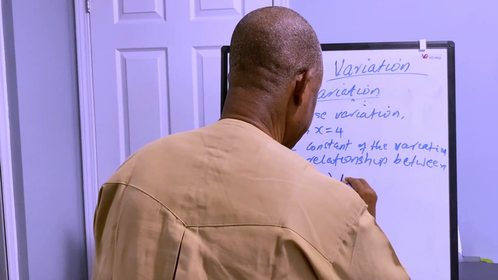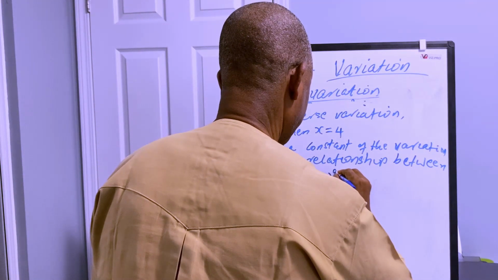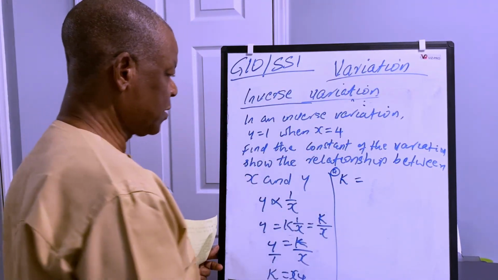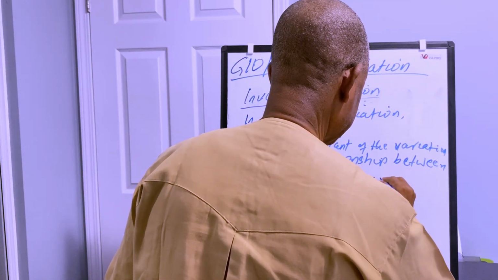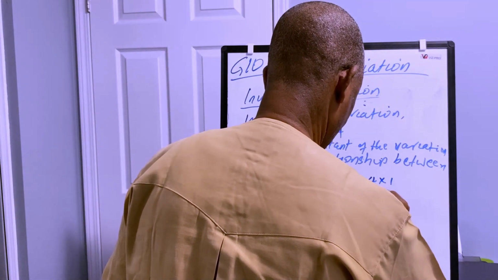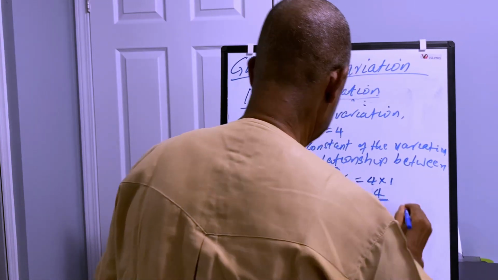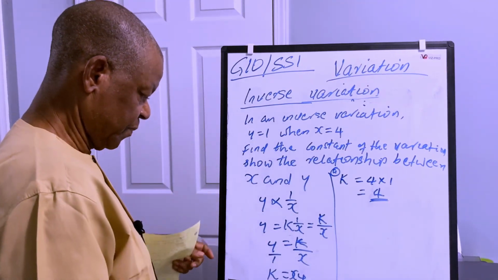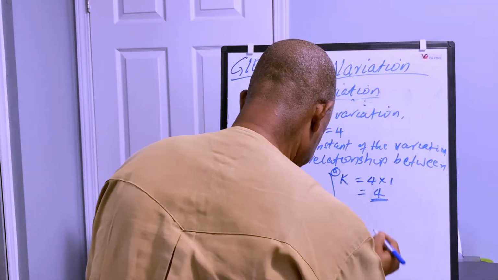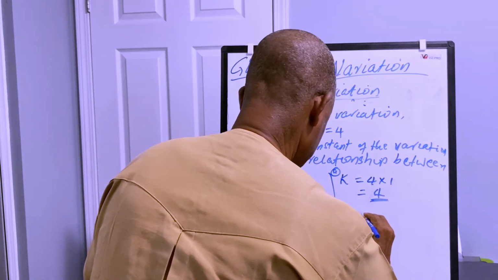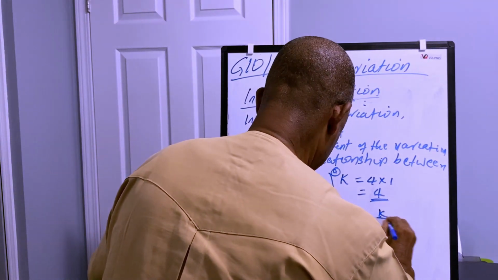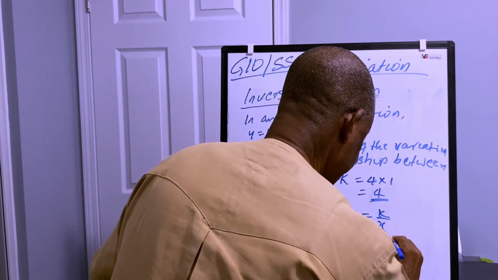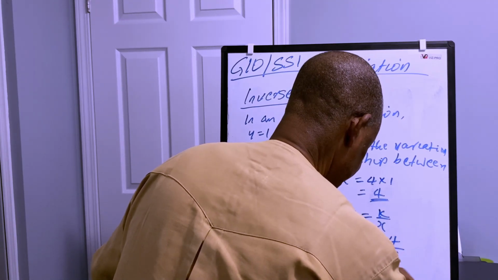Here we are looking for k for question A. And k is equal to xy. What is x is 4 and y is 1. So k is equal to 4. We have found the constant. And then we expected to show the relationship. So the relationship y is equal to k over x, which is y equals 4 over x.